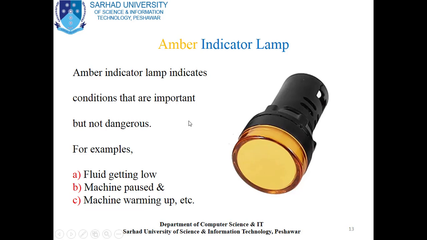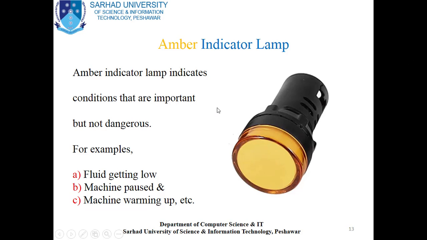Amber indicator lamp. Here you can see the pictorial diagram of the amber indicator lamp. An amber indicator lamp indicates conditions that are important but not dangerous. For example, fluid getting low. If the fluid level is low in the pipes or in the chemical plant, we can represent it by an amber indicator lamp.